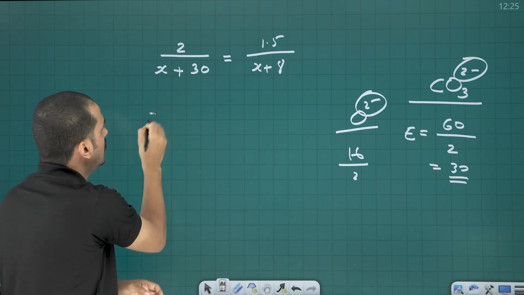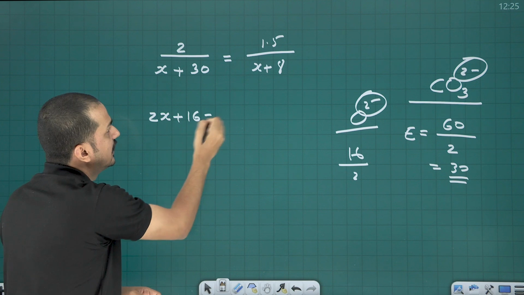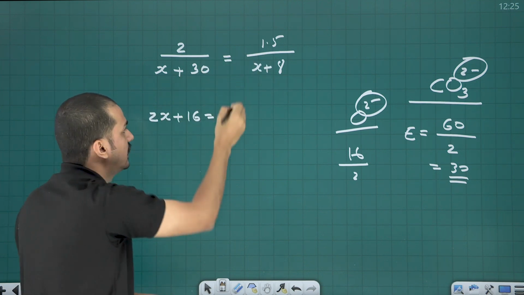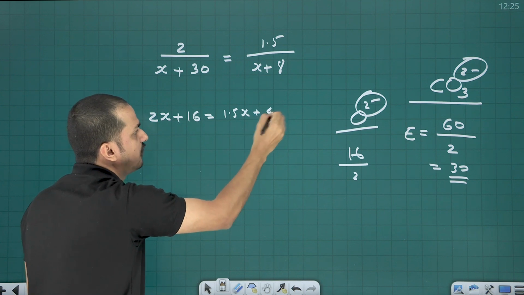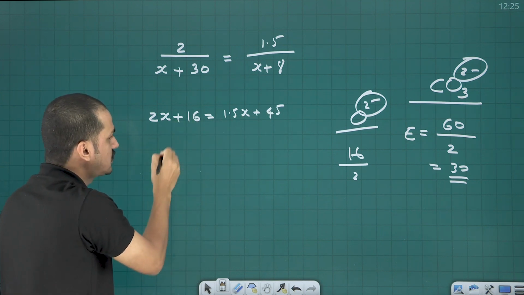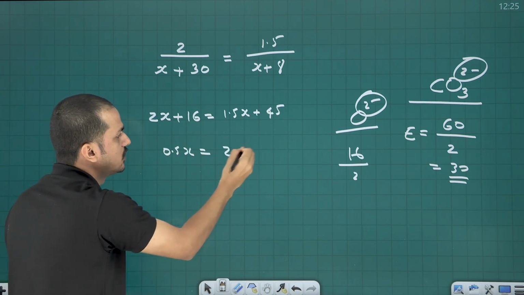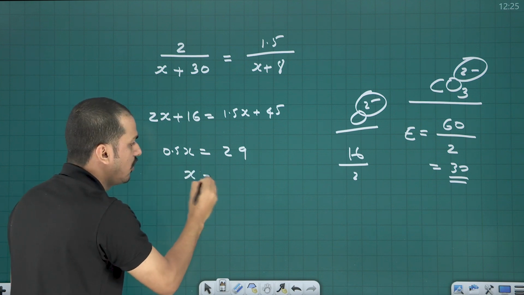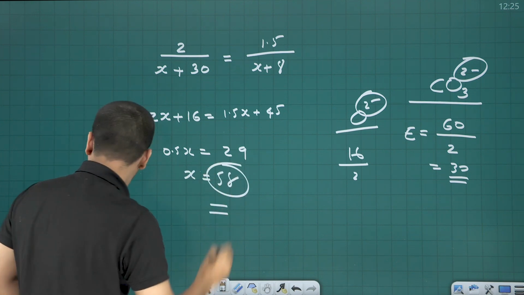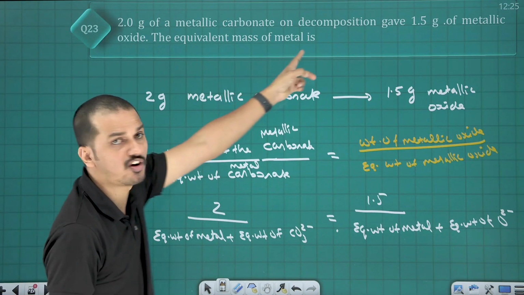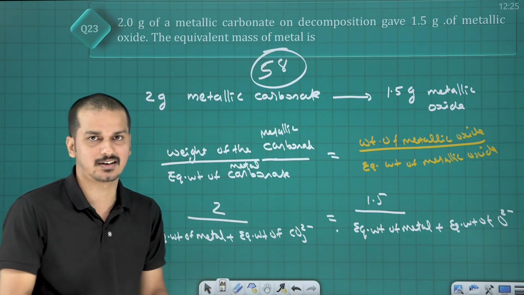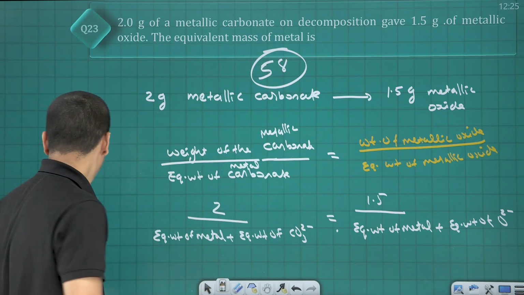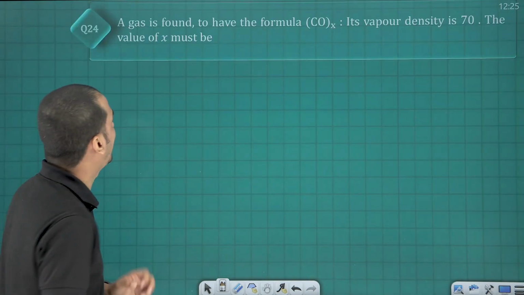Cross multiplying: 2x plus 16 equal to 1.5x plus 1.5 into 30, 45. So 0.5x equal to 29, so x equal to 58. Our answer is ready. The equivalent weight of metal is 58, the integer answer. Clear? See, we can go to the next question.